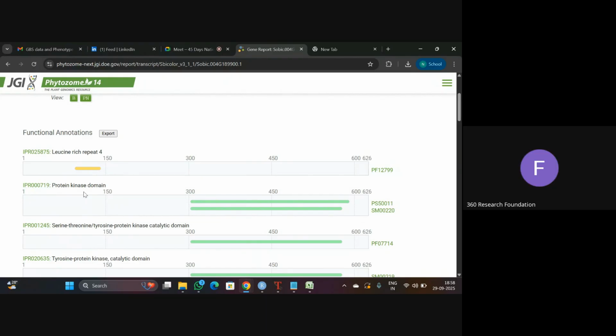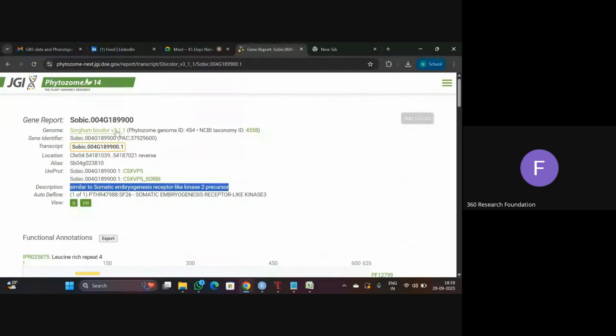Annotation means first identification: we identify the location, then the functions of that particular gene within that genomic sequence. We identified the location first.